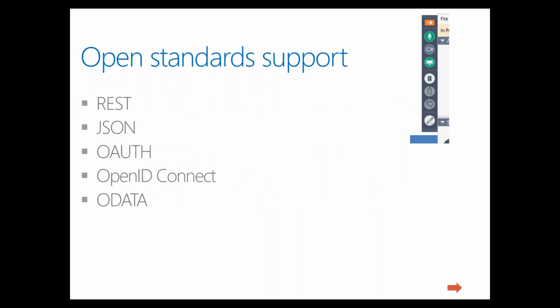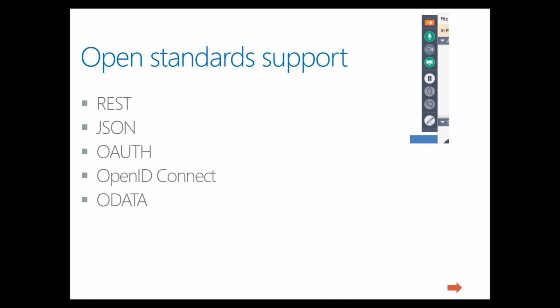This Microsoft Graph API is based on open standards, so there is no need to include any DLL or something like that. It is a REST API implementation, and the data is in JSON format. So any client or any device which can make an HTTP call and can interpret the JSON data can work with Graph APIs.